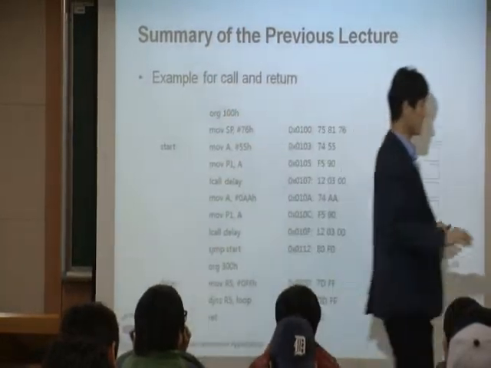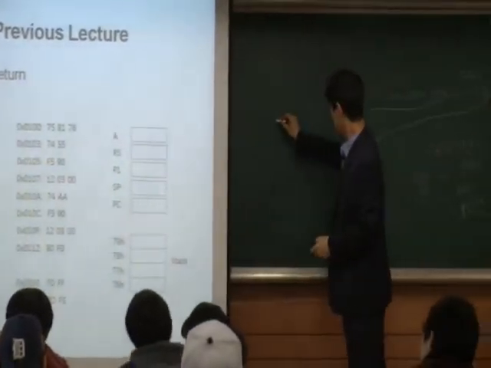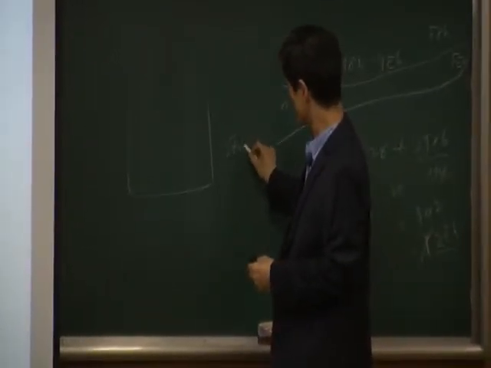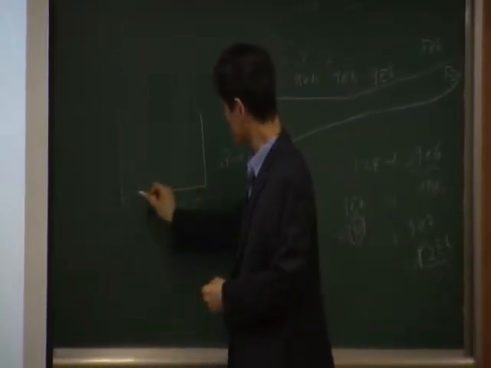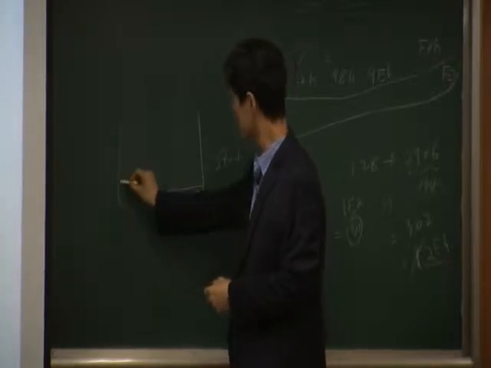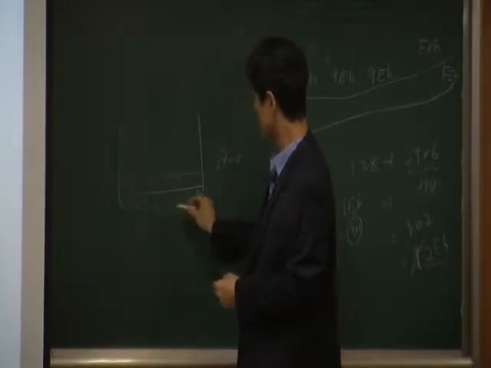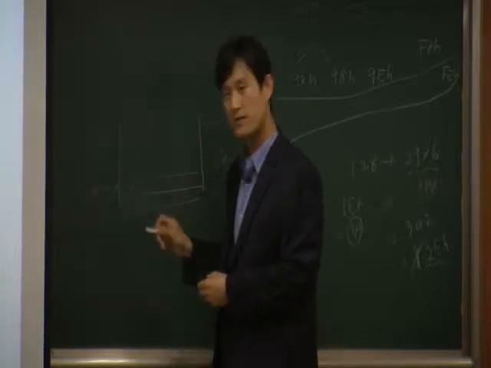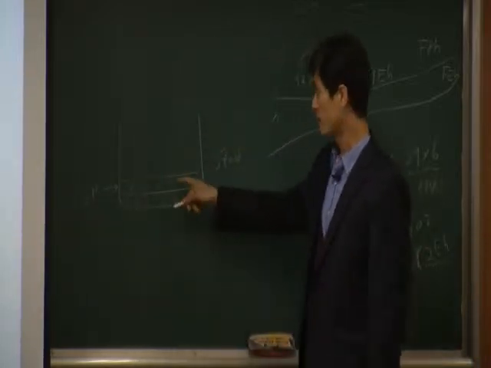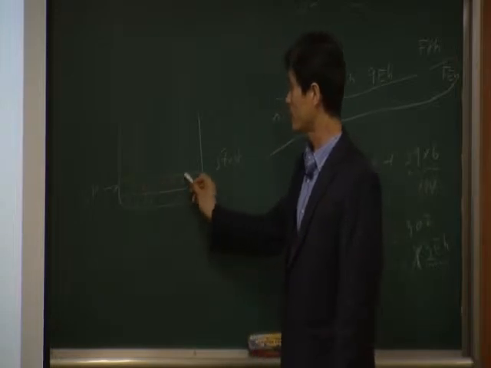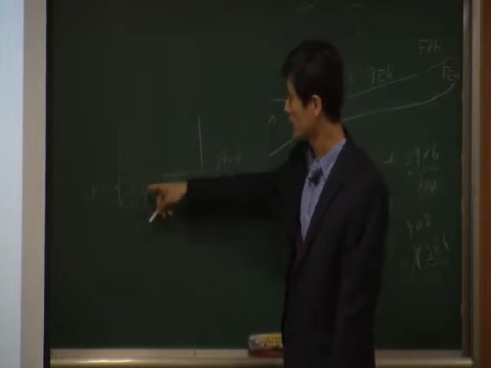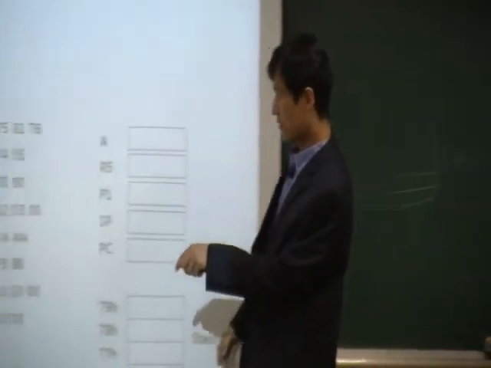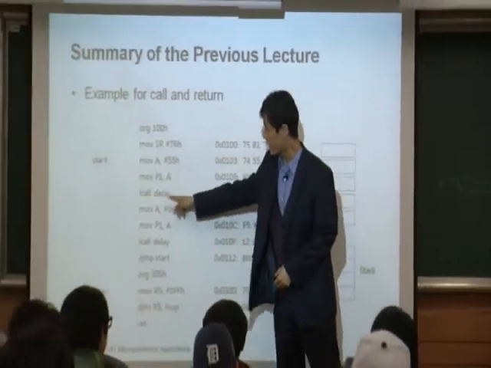So let's say this is a box called the stack, and maybe there are some books in the box. The last one, which is the bottom, is the stack pointer. The last book you push into the stack, that's the stack pointer.